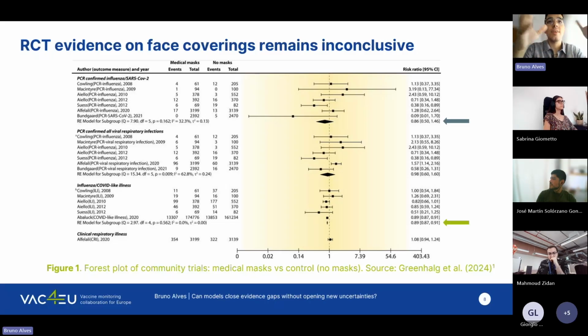And the only significant value here, which would be relevant for our discussion, is the green arrow one, which is the 11% reduction in influenza or COVID-19-like illness.